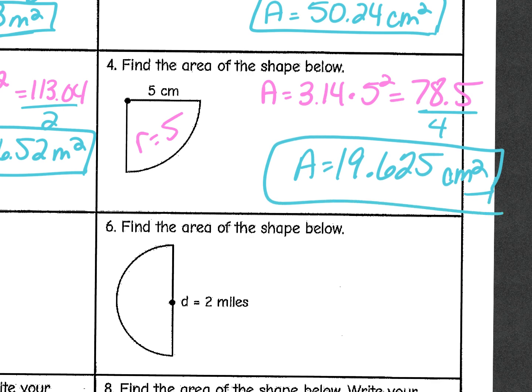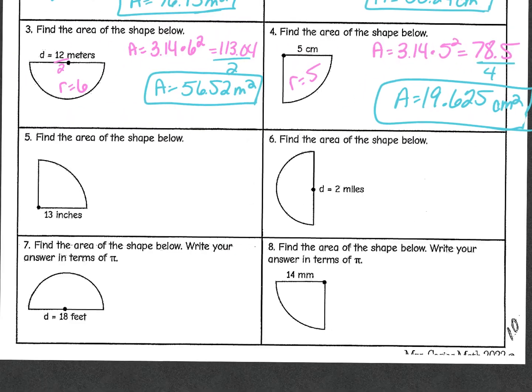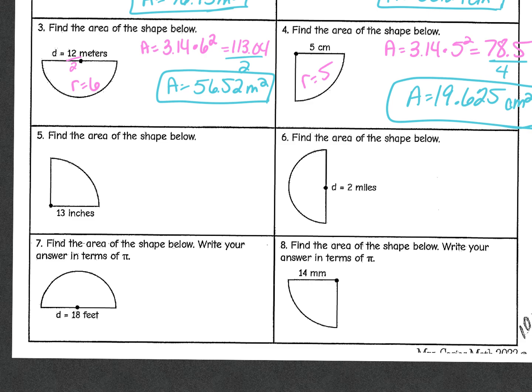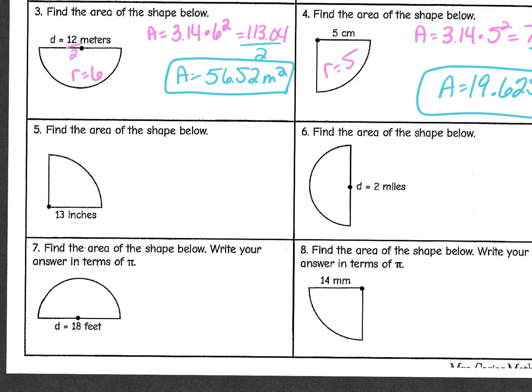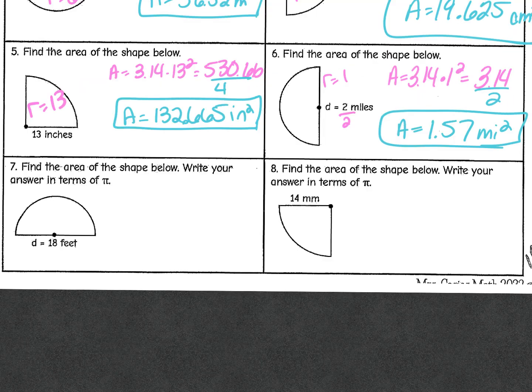Okay, so hopefully you're starting to get the hang of this thing here, since you know how to do area. Finding the area of a semicircle, a quarter of a circle, is only a part. I want you to try 5 and 6, and then you can resume your video. Okay, hopefully you got both of those. And this is what you should have gotten.